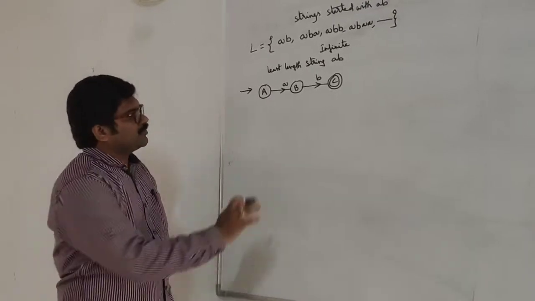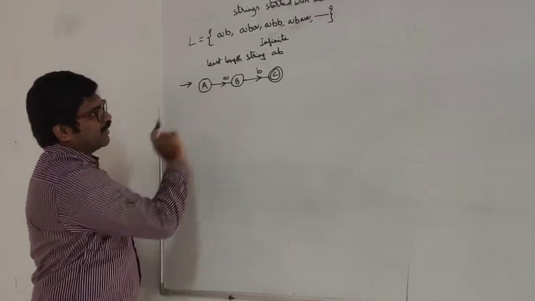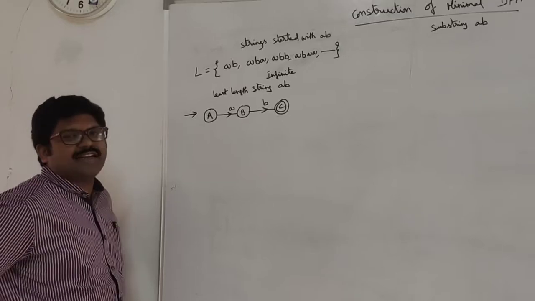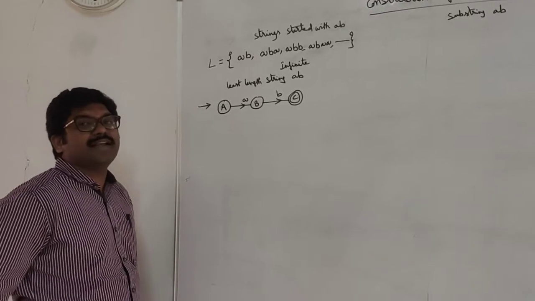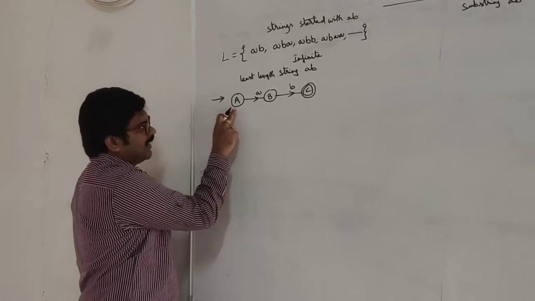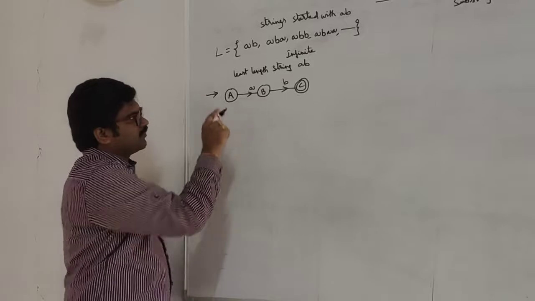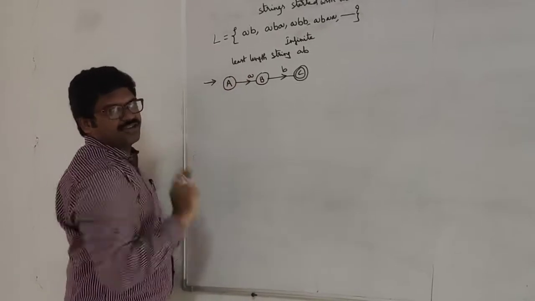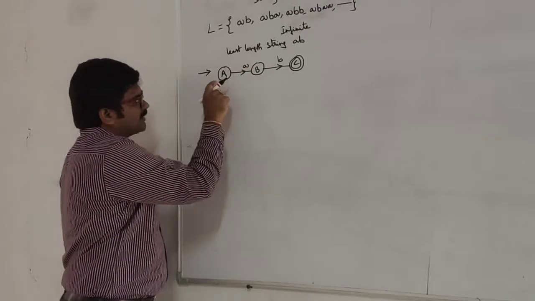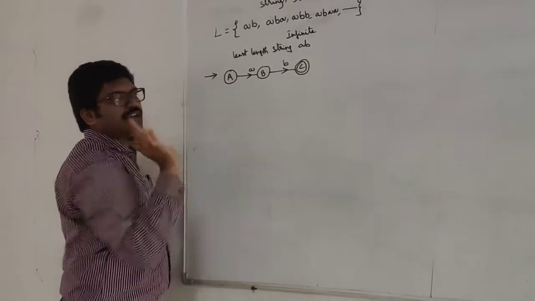So this is the skeleton of the DFA, and after that you need to check whether the states are complete or not. What does complete mean? If you look here, this is the starting state, and there are two input symbols, a and b. If it is a, we have a transition, but if we are in the state A and have the input symbol b, no transitions are available.